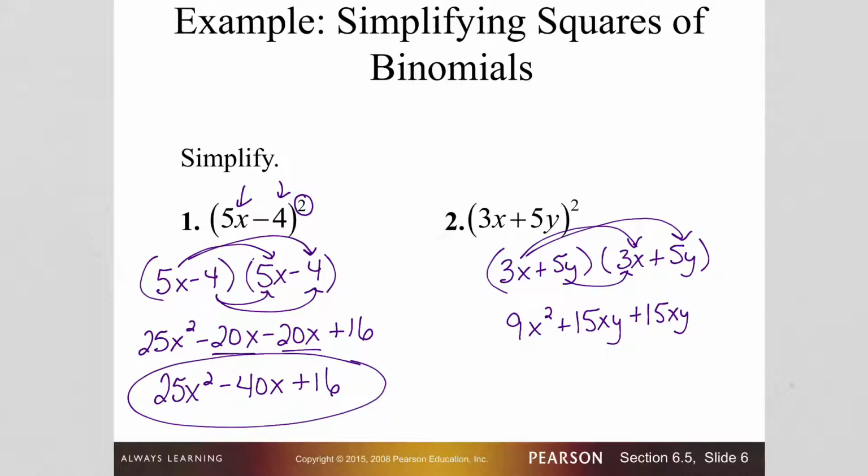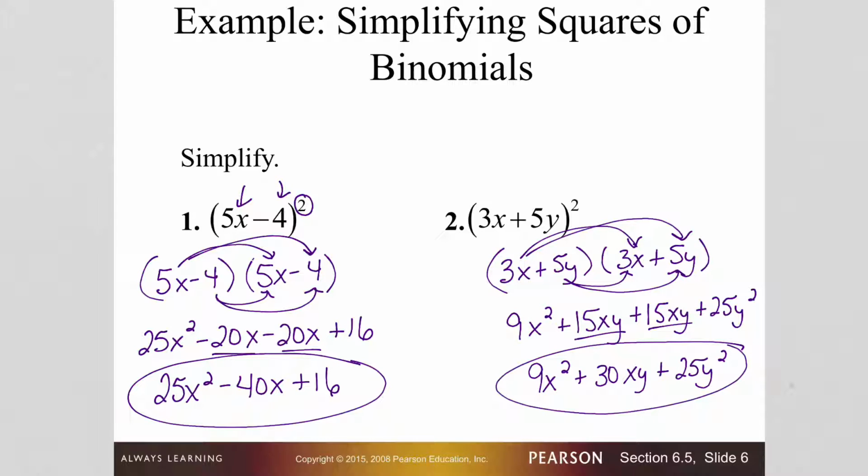You could put yx, that's the same thing as xy. And you've got 5y times 5y, which is 25y squared. Our like terms are here and here. So I've got 9x squared plus 30xy plus 25y squared. And that's it. We're done with this problem.